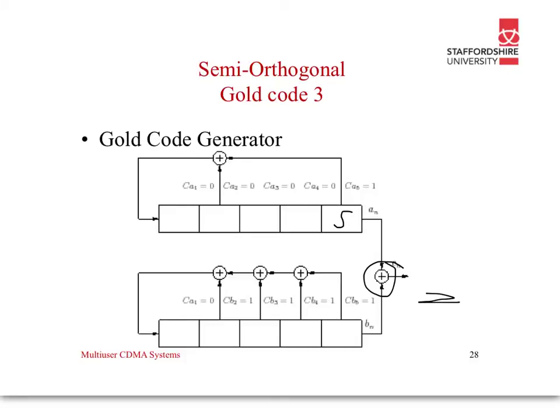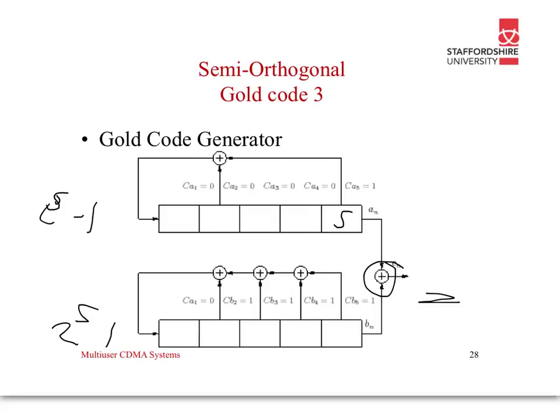So this repeats after 2 to the 5 minus 1. And another one, which also repeats after 2 to the 5 minus 1. But they're completely different. So when we combine the 2, we exclusively OR this one with this one, and we get the output. So this is how gold code sequences work. Don't really need to explain random because this is just totally random.